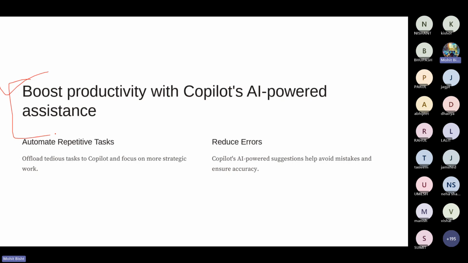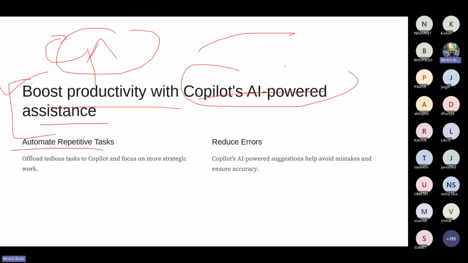In this slide, as the title says, boost productivity with a Copilot, an AI-powered assistant. We already discussed how we can boost our productivity and integrate with different web apps.